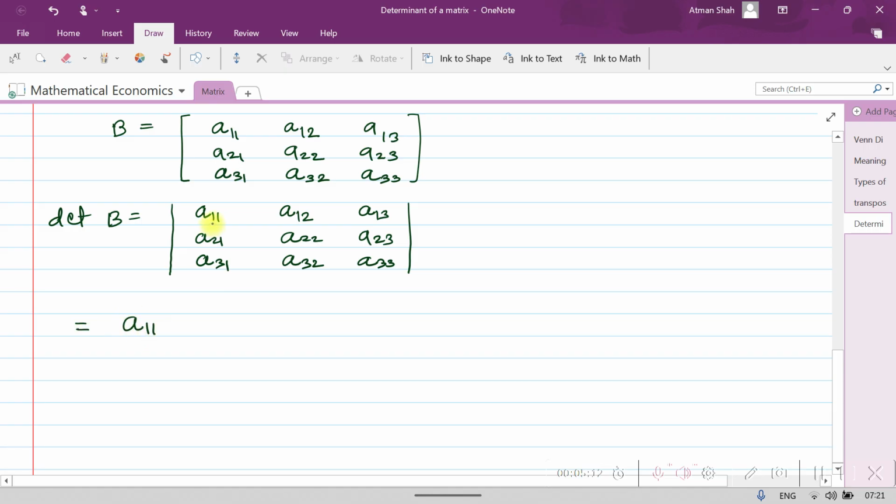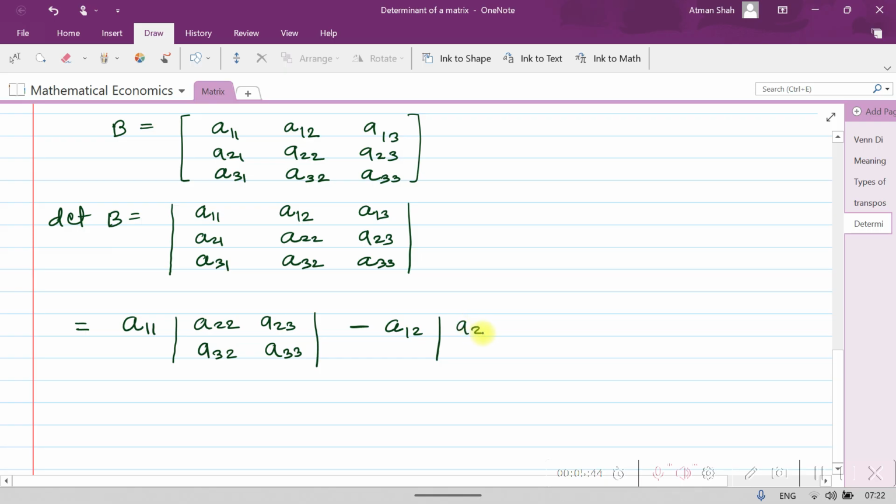So the value is A11. First you write A11. Now since this value belongs to the first row and first column, you hide the first row and first column. So the remaining part is A22, A23, A32 and A33, minus you write A12. So now we are going to hide the first row and second column.